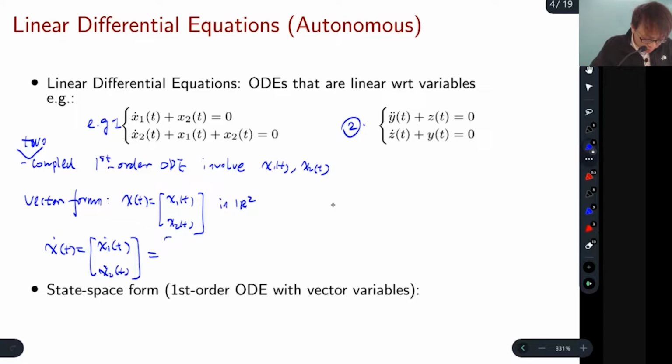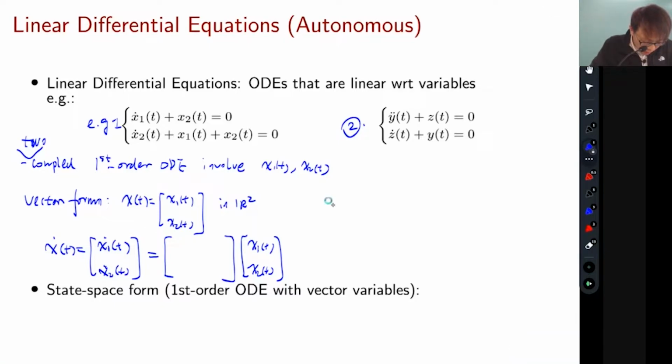Let me finish this before we take a break. If I write x1, x2 of t, this gives x1 dot equal to negative x2 of t, so that's 0, negative 1, if you are familiar with matrix-vector multiplication. The second one is x2 dot equal to negative 1 times x1 and negative 1 times x2.